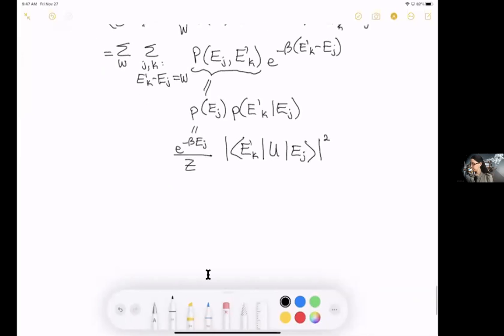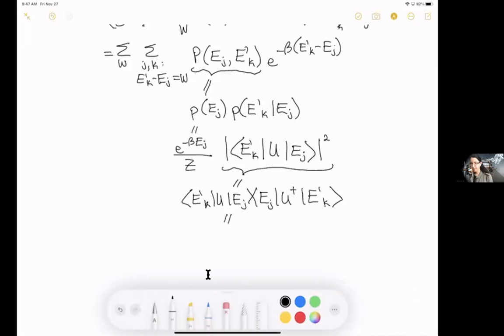We can rewrite the square modulus as a trace. First, let's write it out in full. We have e prime k, u, e j, that's now an outer product, u dagger, e prime k.